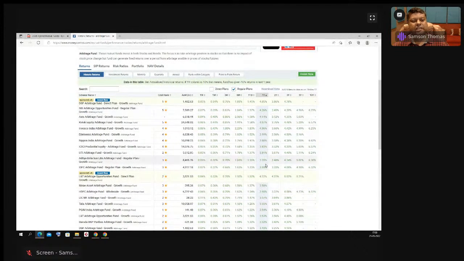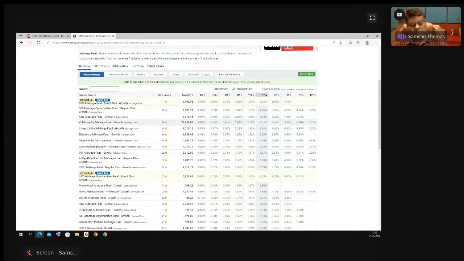So you see the returns are pretty minimal on this, but you also see that in the YTD, or the 6 months and 3 months, there is no negative return. There is no negative return at all, right? Even though on a yearly basis the returns are quite minimal in this case, there is no negative return.